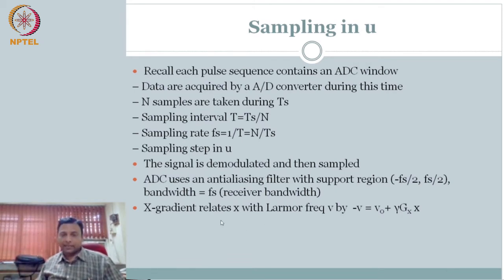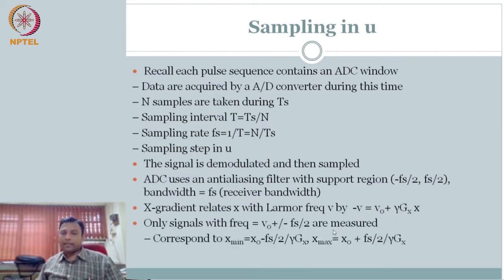The X gradient relates to Larmor frequency by nu naught plus gamma Gx X. So you can already recognize that only signals within this receiver bandwidth are measured. In some sense, the gradient in field strength dictates the frequency range, and the frequency range and the sampling of it should dictate your X direction.